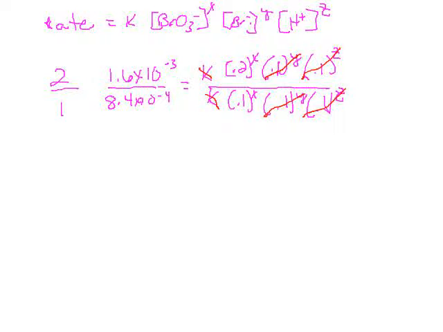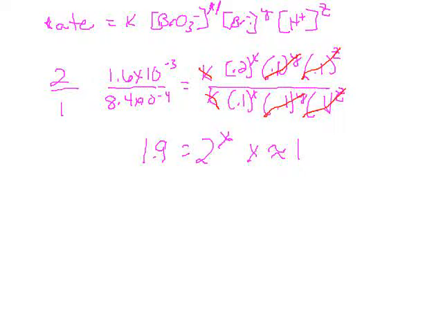So when we do the math on the right side, we get 1.9, and then 0.2 divided by 0.1 is 2 to the X. So your X is approximately 1, because you're basically saying 2 equals 2 to something, and the only way that could be equal to each other is if it is 1. So we now know that this is a 1 up here.